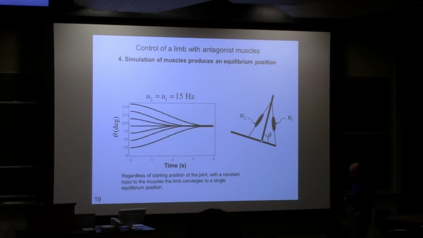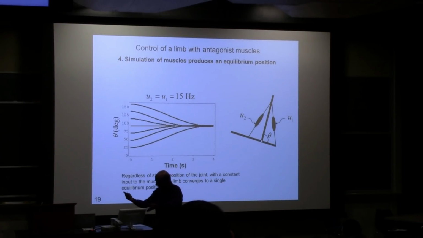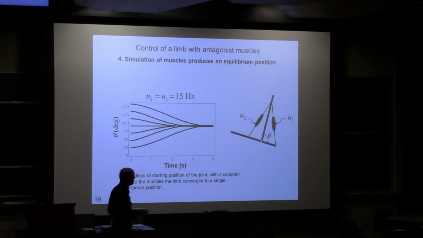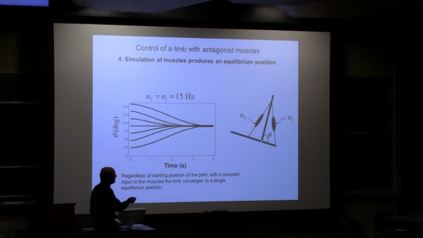So we're now moving toward describing voluntary movements. So we have muscles that produce force. And you have two muscles, so when you activate one and you activate the other, depending on the torques that they produce, your arm will settle to some position where these two torques cancel each other out precisely. So what this means is that you have some activity on the biceps, you have some activity on the triceps.